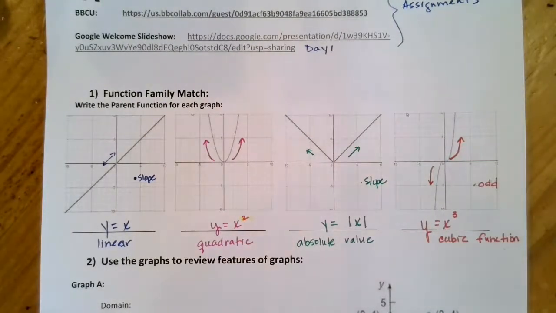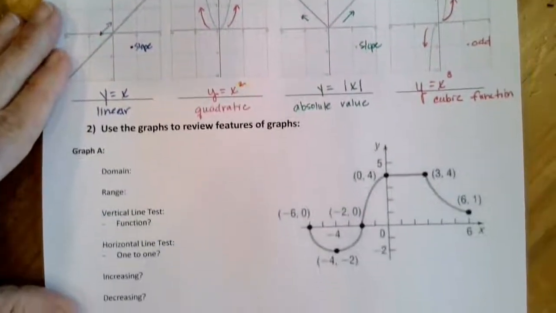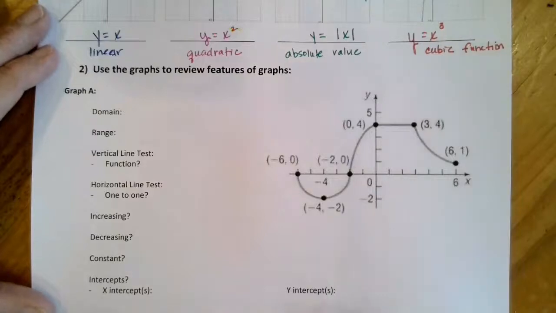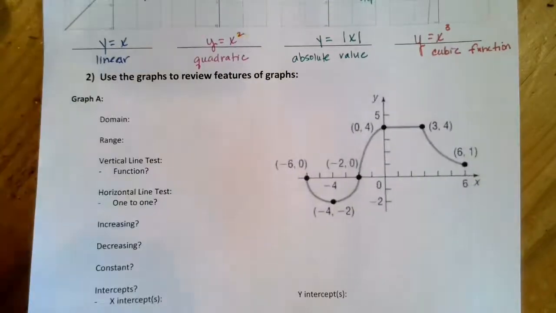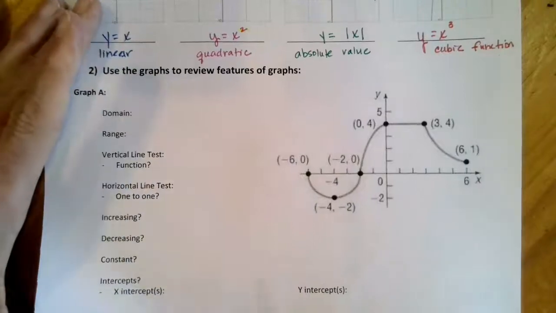Okay, so when we looked at each of these graphs, we ended up talking about all these different features of the graph, and these vocabulary words should come back at you in a way that makes sense to you. Okay, so when we talk about our domain values, I'm talking about all the possible input values.